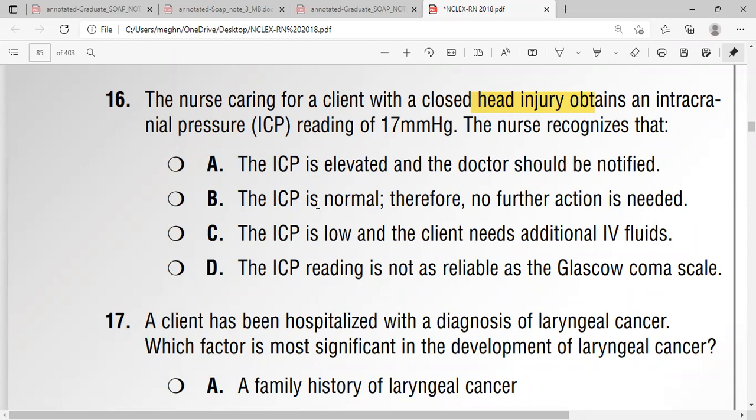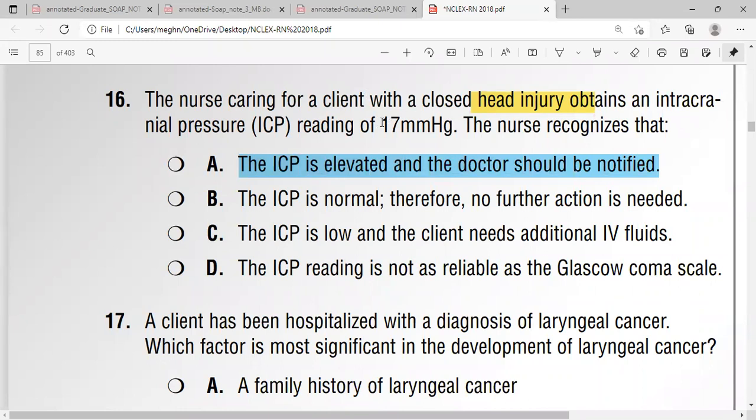Number B, intracranial pressure is normal, therefore no further action is required. Number C, intracranial pressure is low and the client needs additional IV fluid. Number D, intracranial pressure reading is not as reliable as the Glasgow Coma Scale. The correct answer is number A, meaning the intracranial pressure is elevated, and the doctor should be notified, right?